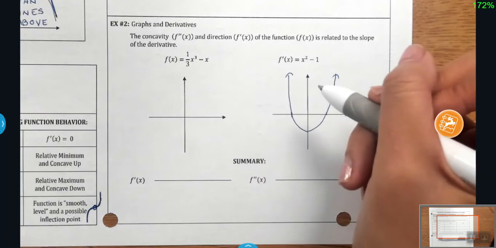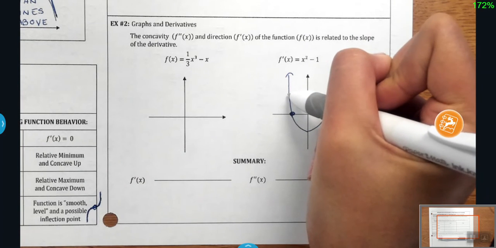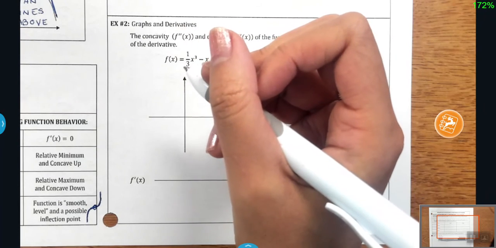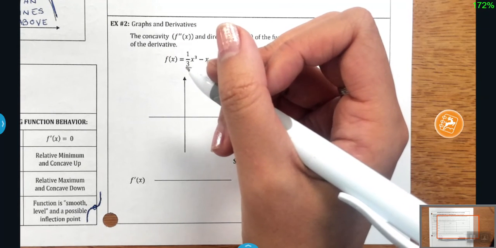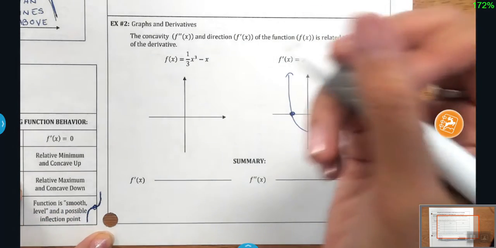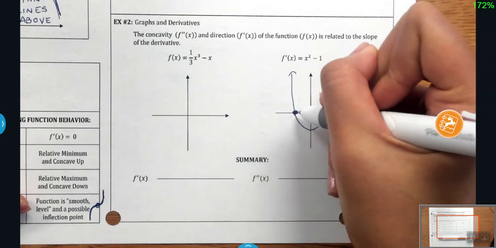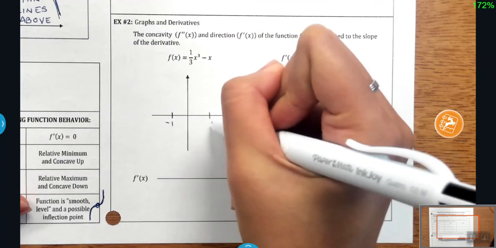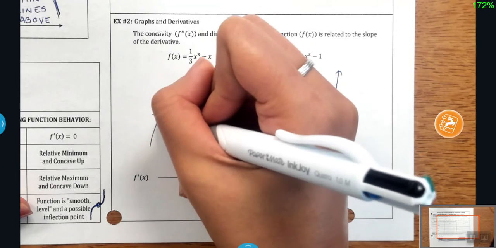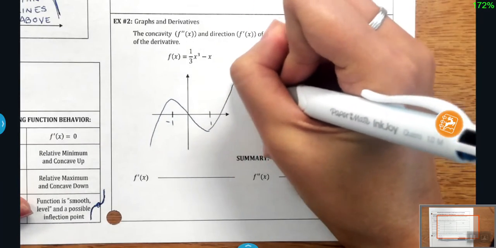And if you graphed f of x from f prime, then you would know that f is going to be increasing until what? -1, and then decreasing from -1 to 1, so you'd be increasing up until -1, decreasing from -1 to 1, and then increasing again from 1 on.